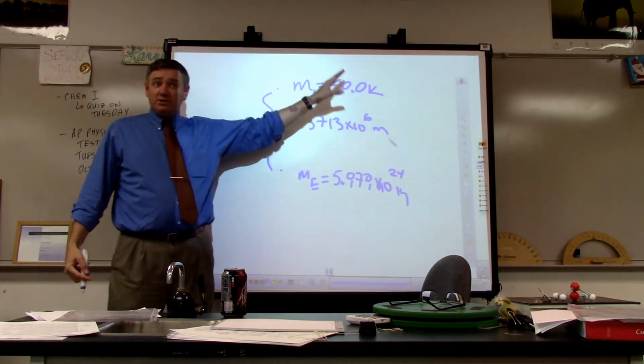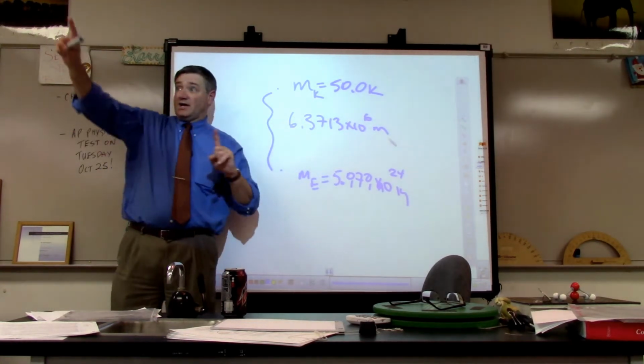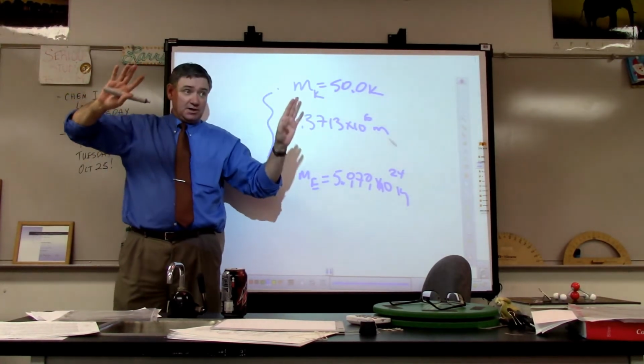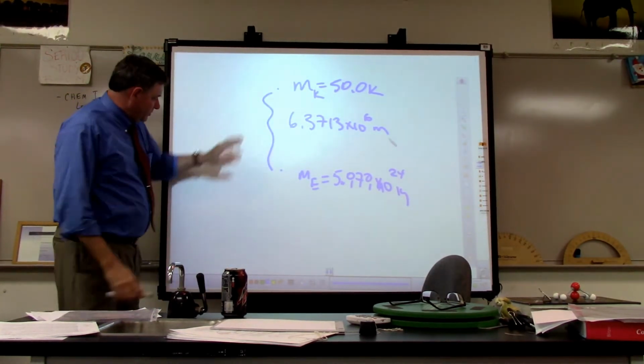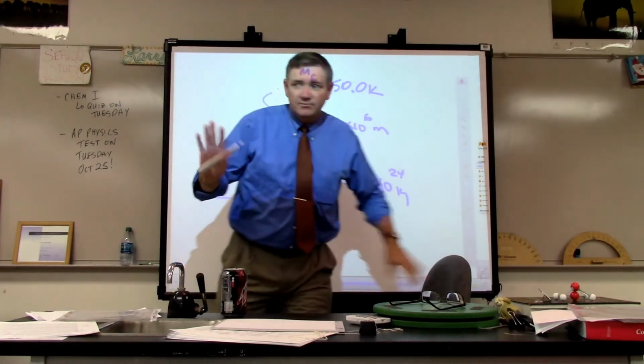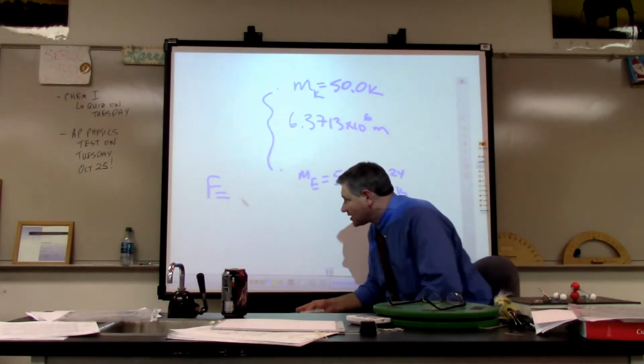So once we do this, it becomes like finding the attraction between Kendra and the fire extinguisher. Kendra's mass, the fire extinguisher's mass, we plug in the numbers. So at this point, we're going to go F equals, now, don't want to touch a calculator, don't even breathe on a calculator. Okay? Step away from the calculator.